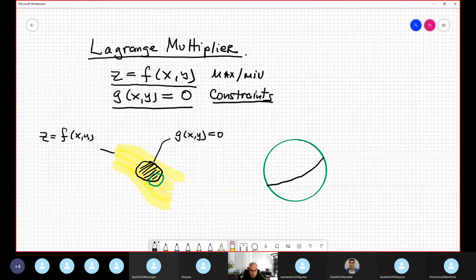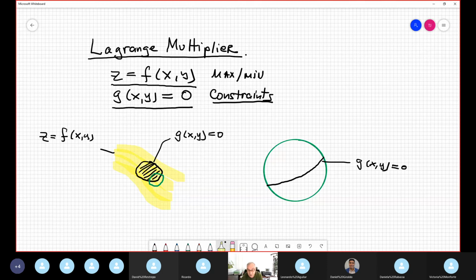And this curve represents g of x comma y equal to 0, no? However, the function is a surface, something that can cover everything in the space. I don't see very well in 3 dimensions, but I suppose the surface has different values for c.